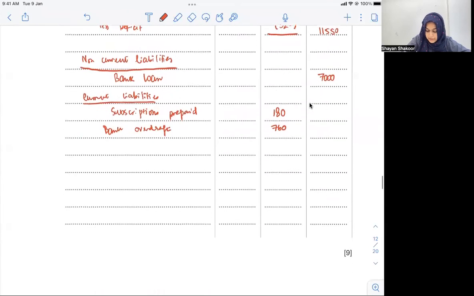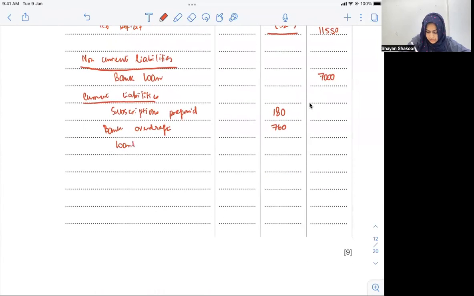And then we have one outstanding loan interest. So loan interest outstanding is what we haven't paid, the complete loan interest that we were supposed to pay. So that's 350, an expense outstanding in the current liability. So if we total this, we get 1,290.